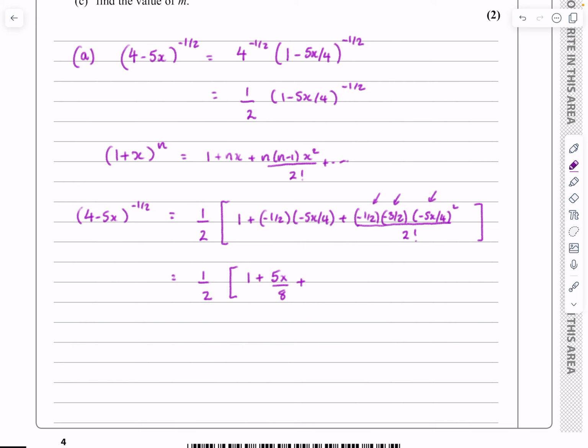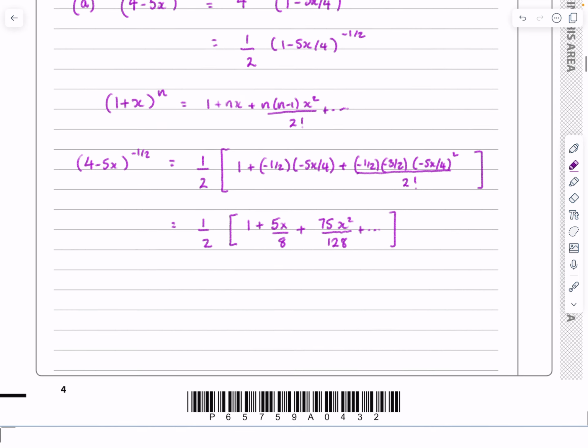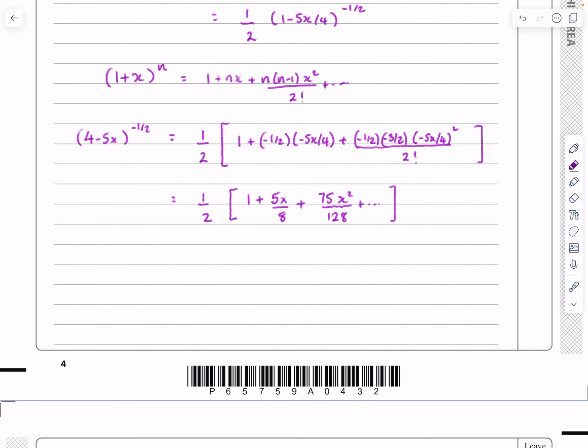Be careful here, minus 5 over 4 all squared, and then divided by 2 factorial. Whichever way round you do it, we should get the answer 75x squared over 128 plus, but we only wanted up to the term in x squared. So that's going to work out to be a half plus 5x over 16 plus 75x squared all over 256.